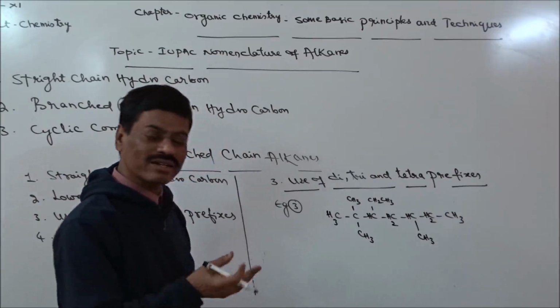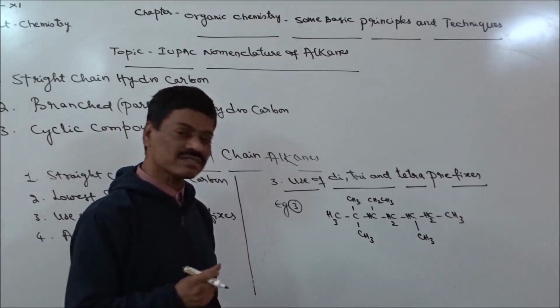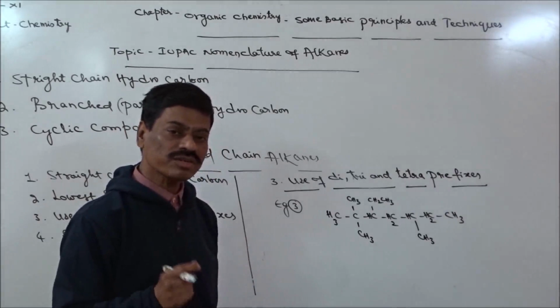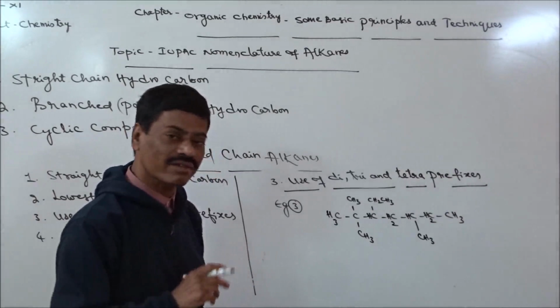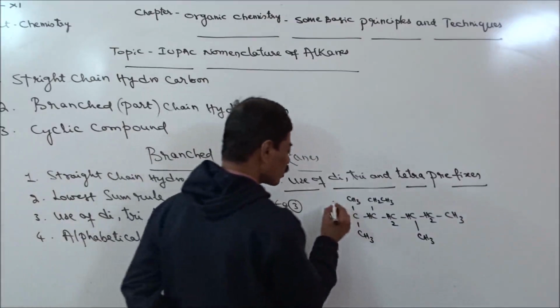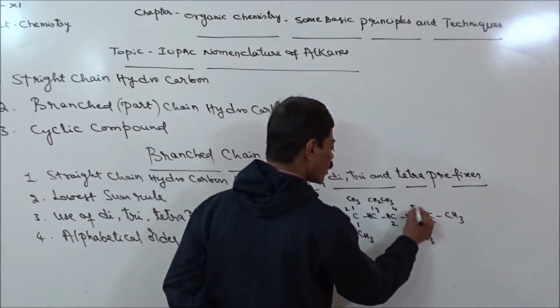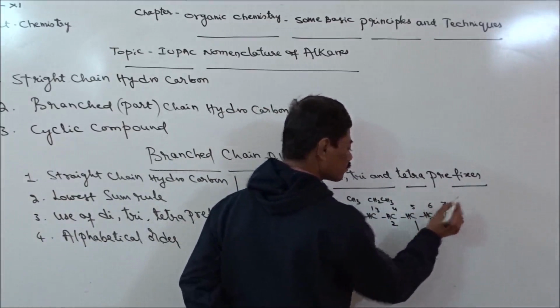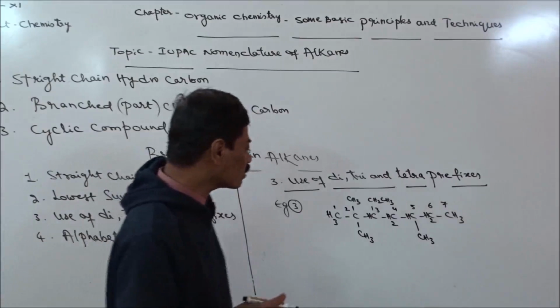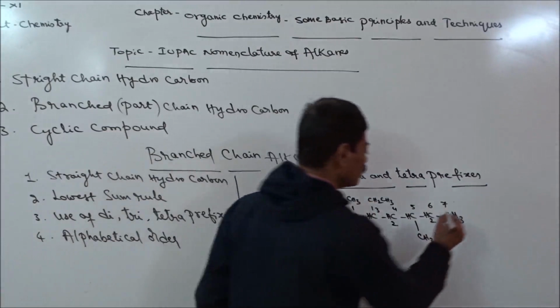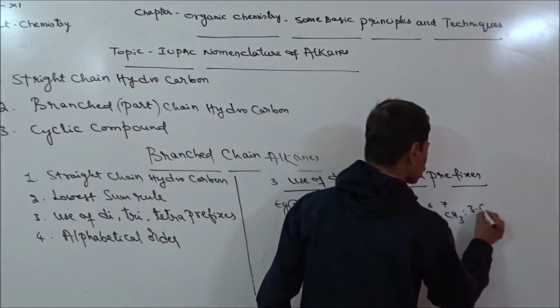So numbering you can give in both directions, and you will come to know in which direction the numbering is correct. So here 1, 2, 3, 4, 5, 6, 7, right? And in this case, see, the ethyl group position is 3, so 3-ethyl.